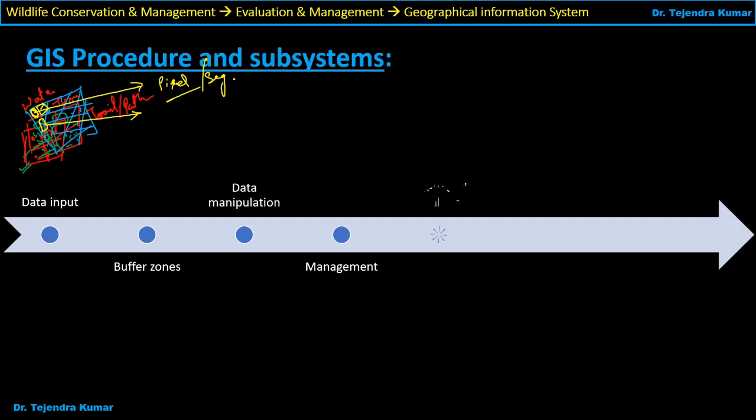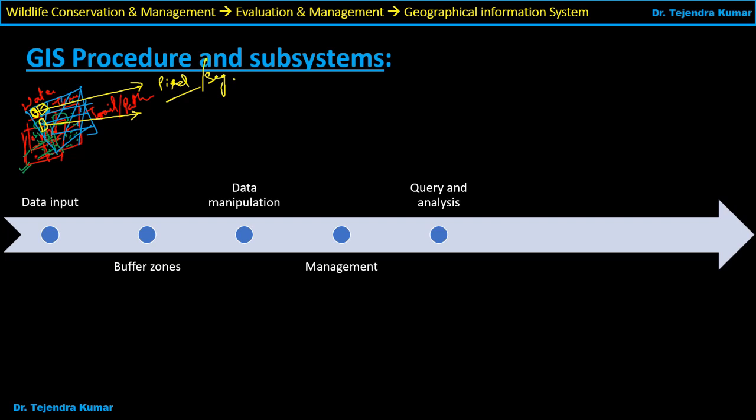Then query and analysis. Query is actually data extraction from the database without altering it. It is called query. And this allows the user to obtain information directly from the map, and this could range from obtaining the conditions of a certain point or finding out the mean annual temperature in an area or the geographic area of a parcel of land.